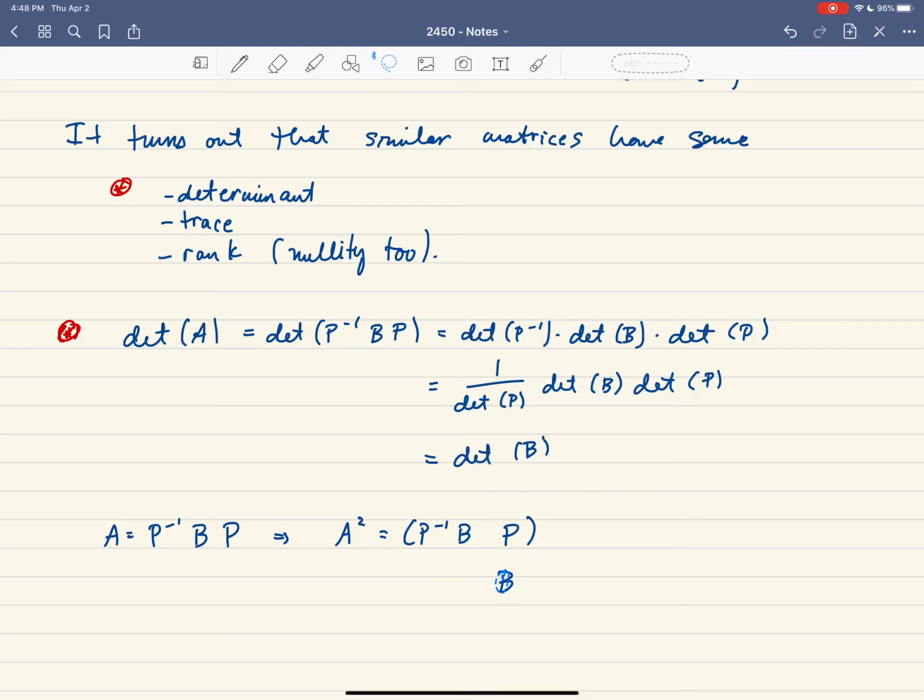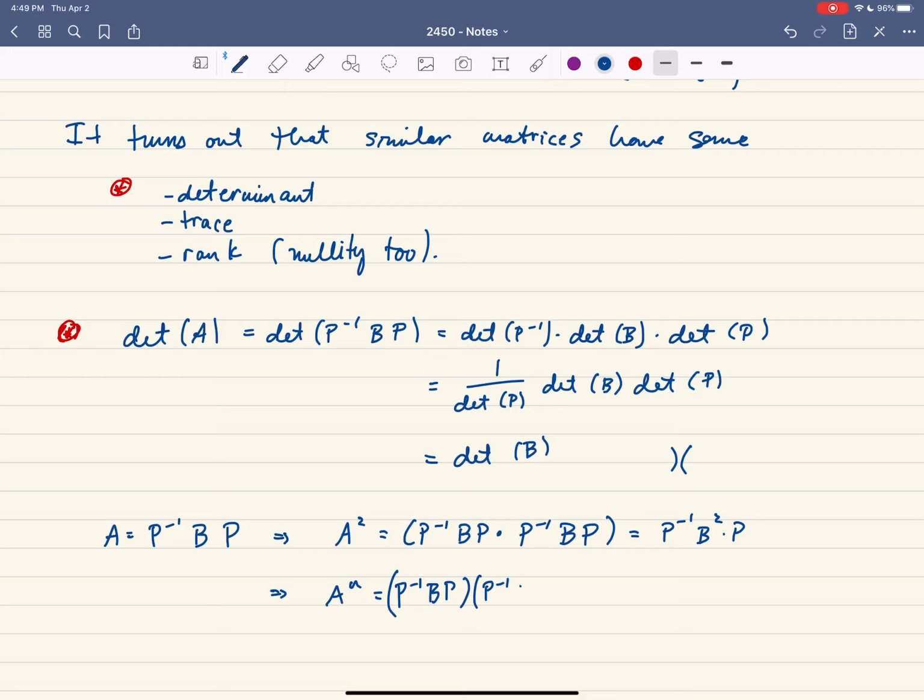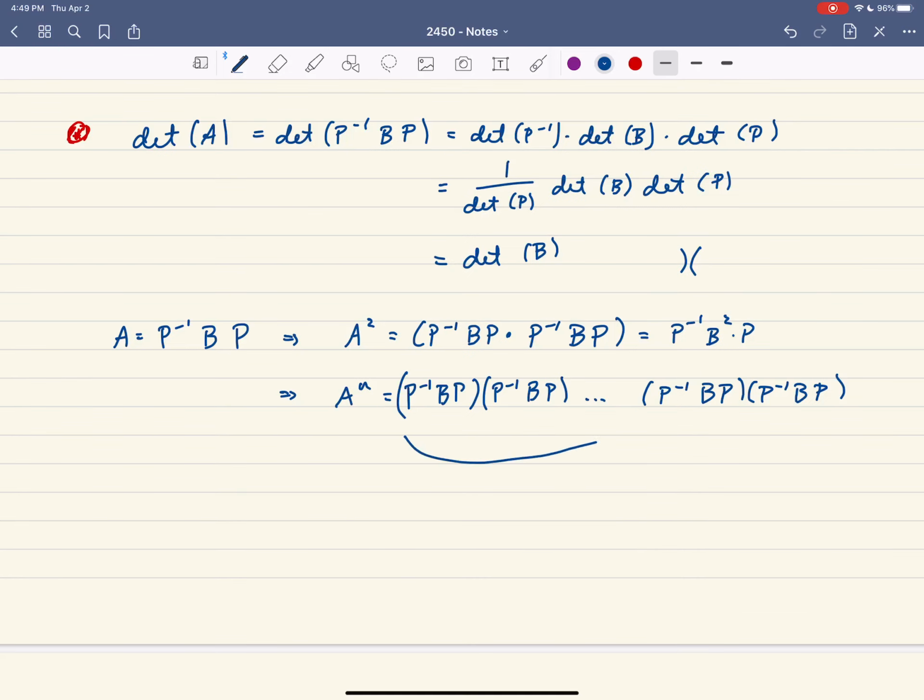And so that's nothing more than P inverse times B squared times P. And so that's A squared. And in fact, you can do that argument as many times as you want. It turns out that A to the n is going to be P inverse B P, all the way down to P inverse B P, P inverse B P, say we've done this n times. And think about what's going to happen.